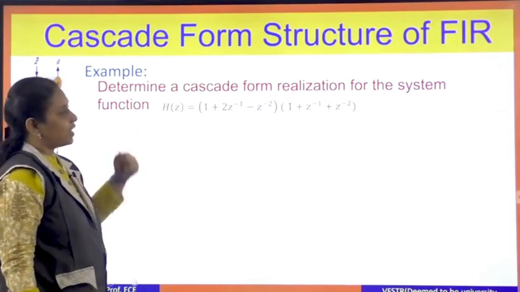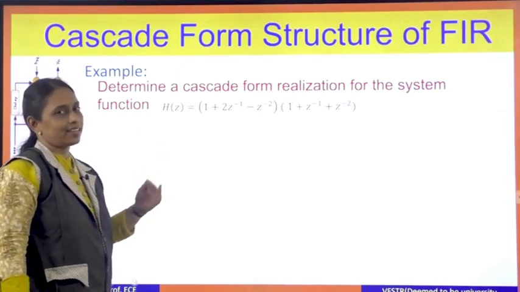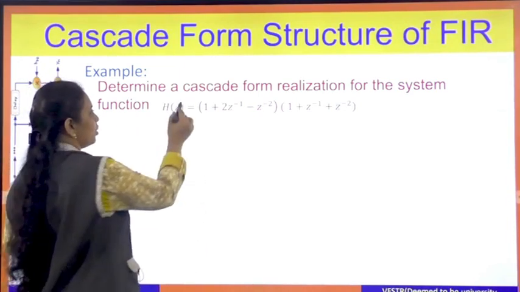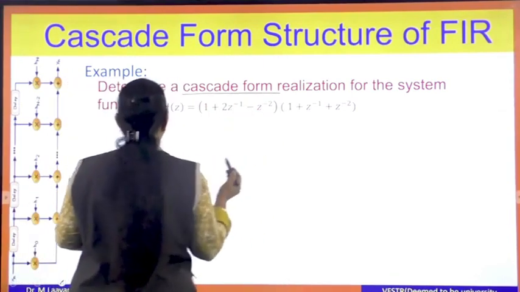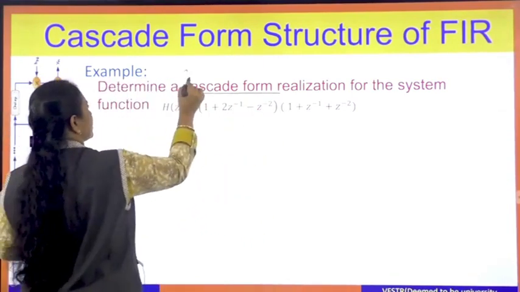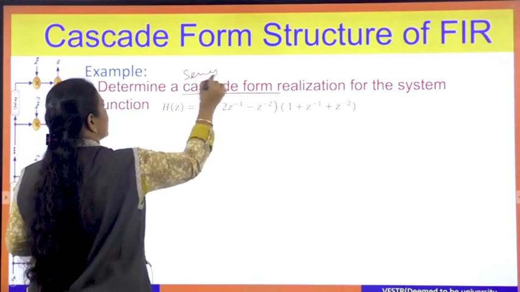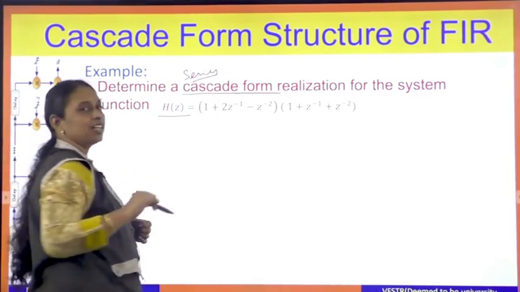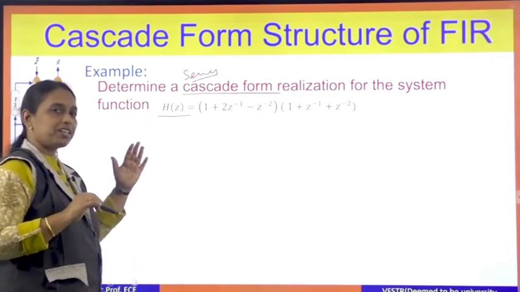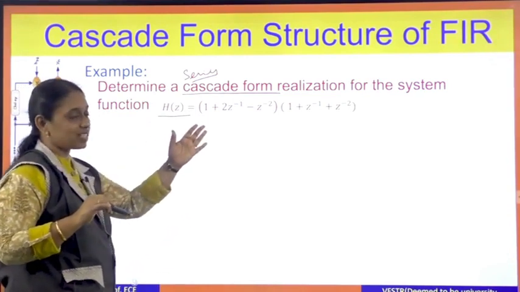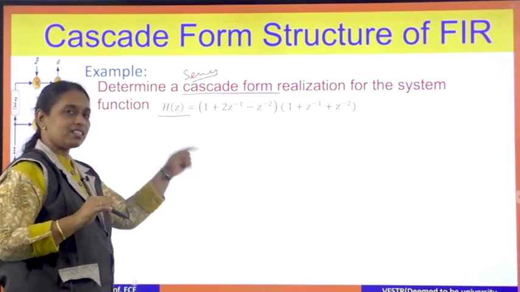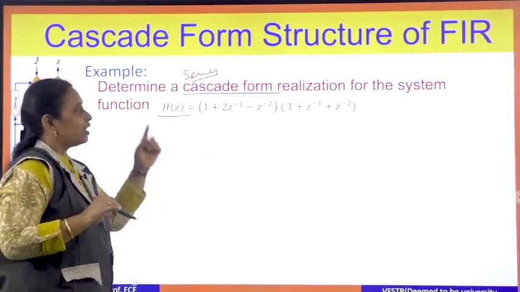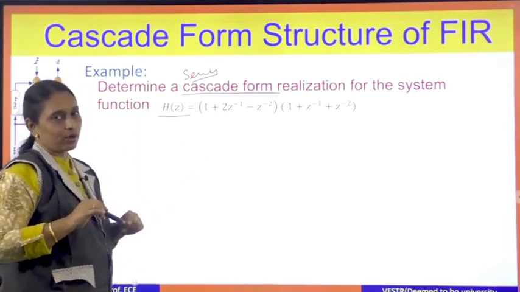Now let us see an example for cascade realization. The meaning of cascade realization is, if they are connected in series, it is called cascade realization. For cascade realization, the given h of z should be divided into as many h of z as possible, and each h of z should be realized in direct form structure.